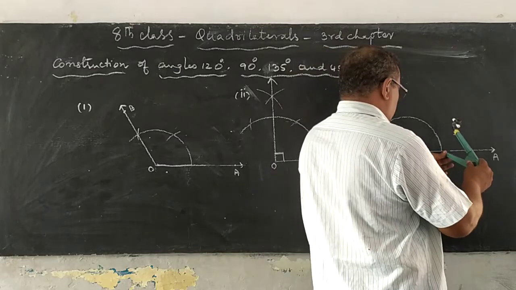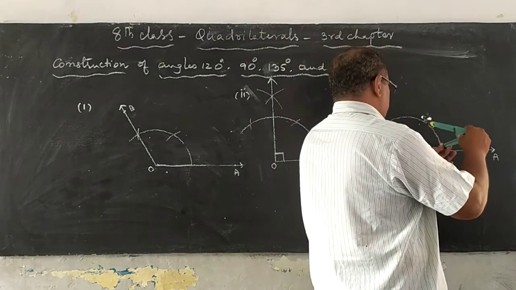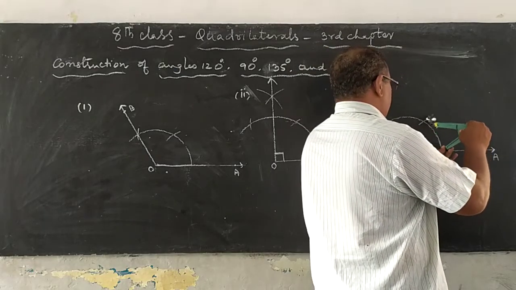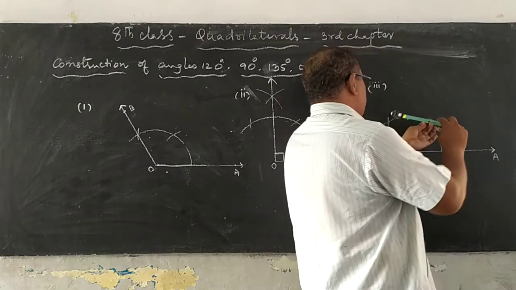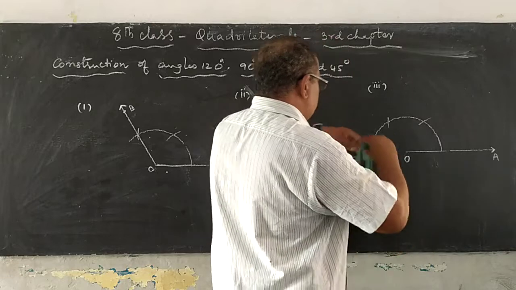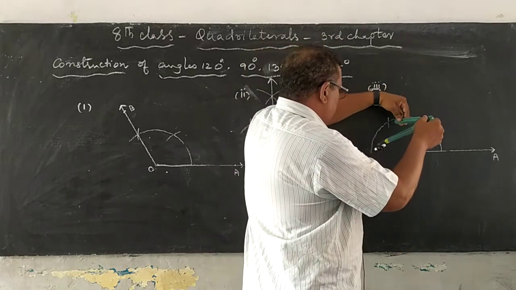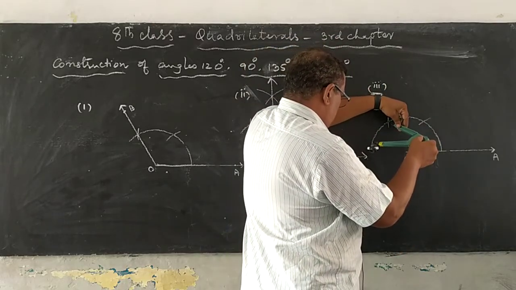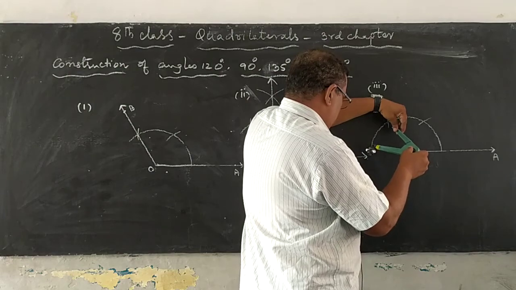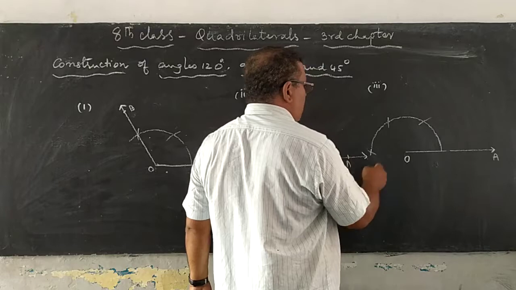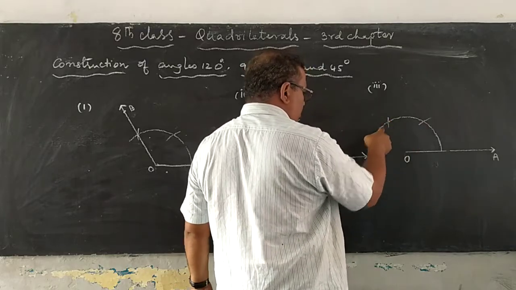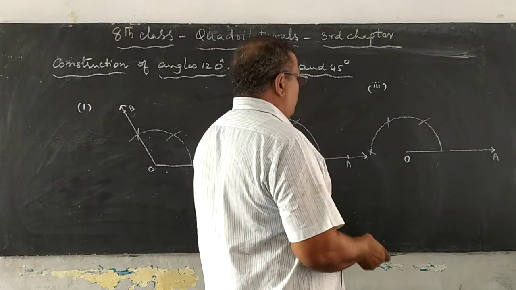First, cut with the same radius here. The first one is 60 degrees. The second one is how much, children? 120 degrees. The third one, from here onwards, cut this one, 180 degrees. 60, 120, 180.